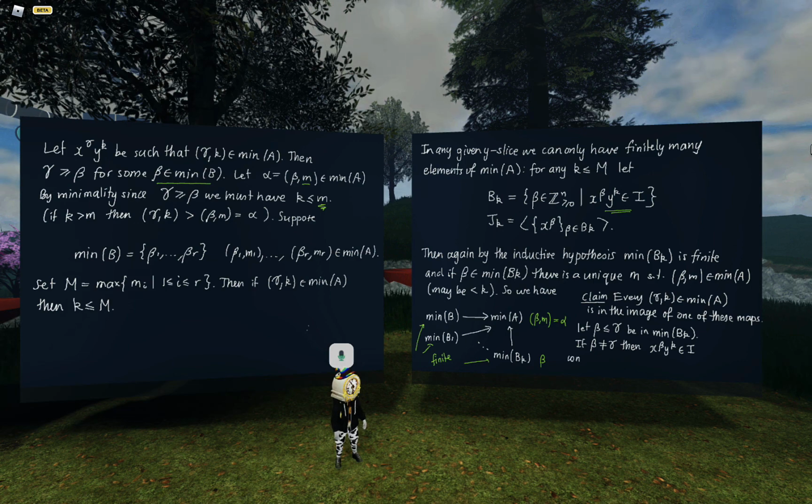That contradicts minimality of gamma k. Right, because x to the beta y to the k divides x to the gamma y to the k. But that's impossible by minimality unless beta is equal to gamma. Well, that means beta must be equal to gamma.